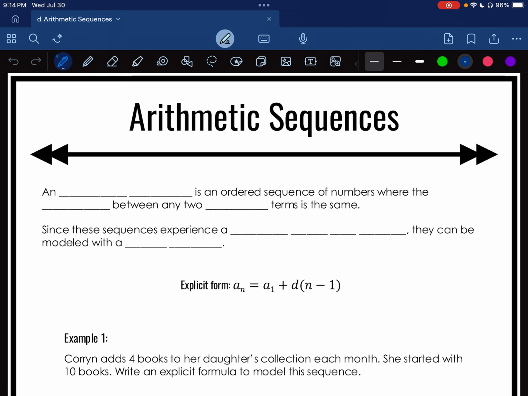All right, so an arithmetic sequence is an ordered sequence, right? So the term order matters, of numbers where the difference between any two consecutive terms is the same.